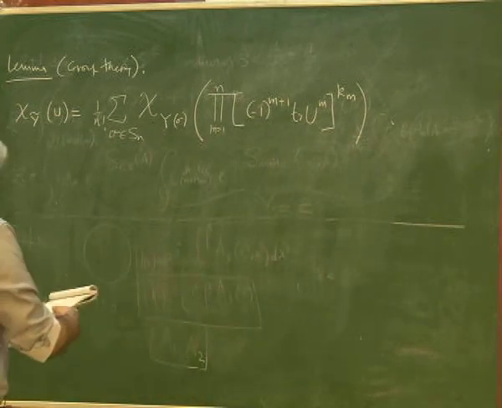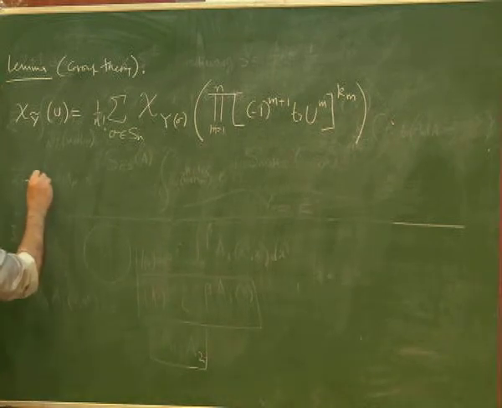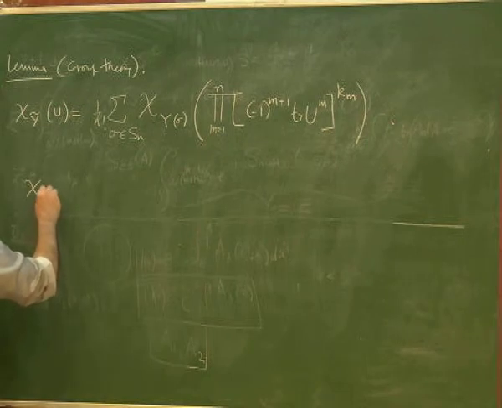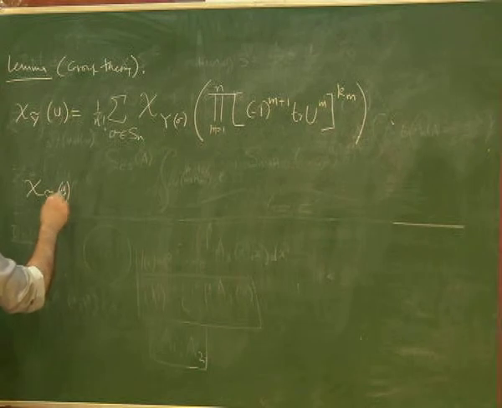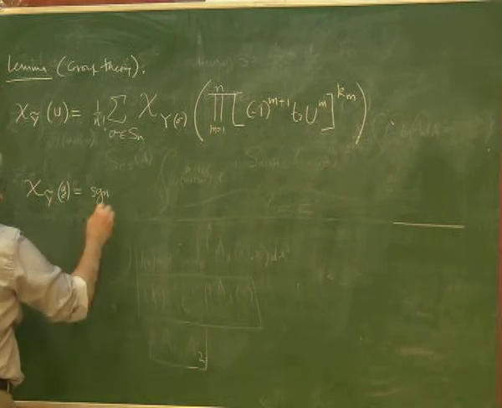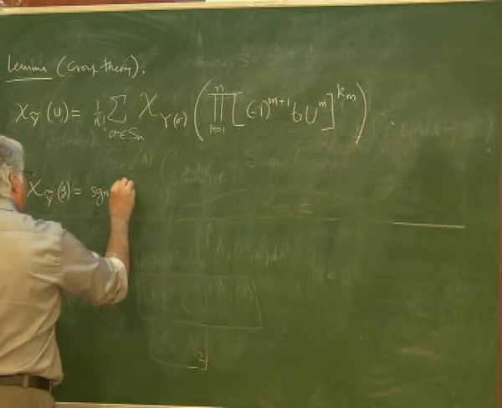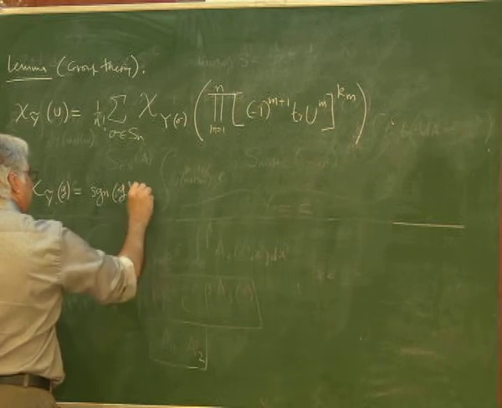So it is very beautiful and very simple. In fact the theorem is that chi for an element of the permutation group is nothing but the sign of G times.